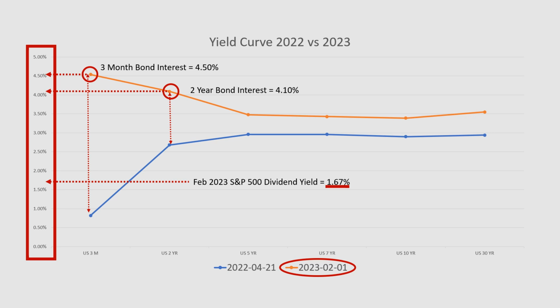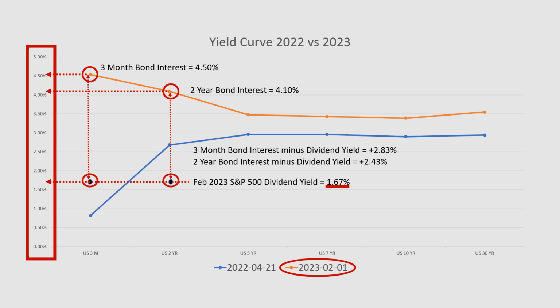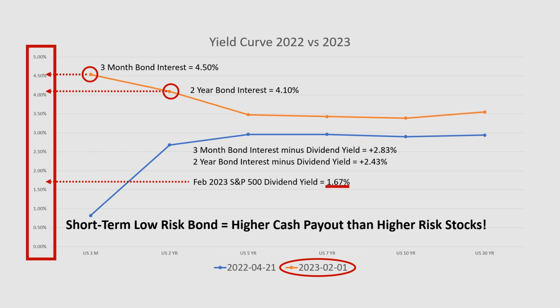This means that you could invest your money in a 3-month or 2-year guaranteed bond and make 2% more per year than investing in a risky stock. Basically, an investor could invest in short-term, low-risk bonds and get a higher payout than investing in higher risk stocks.